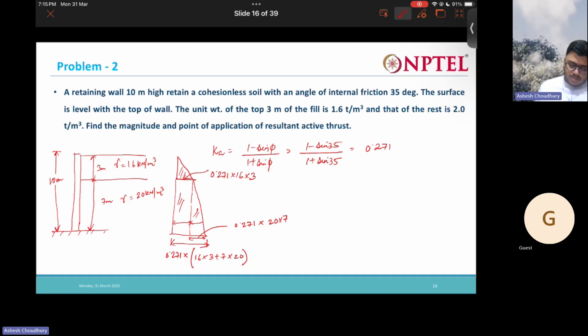So you can find your PA as half into this one plus 7 square.